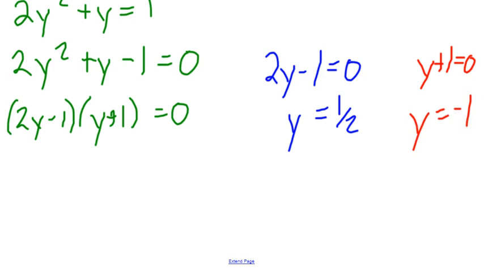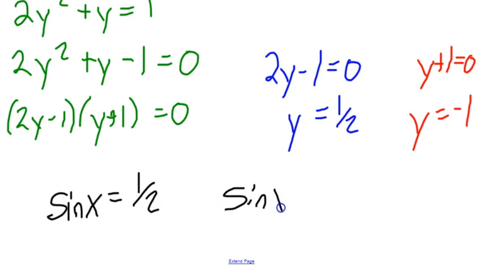So essentially we're trying to find, now I'm going to substitute it back in, where sine of x is equal to 1/2 and where sine of x is equal to negative 1. So we're going to be looking at our unit circle, finding where those values occur.